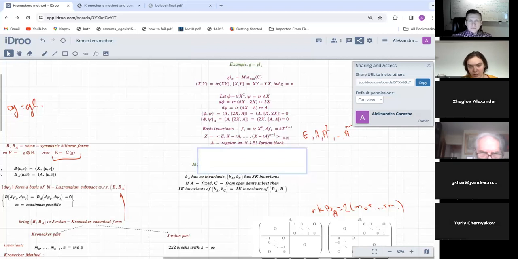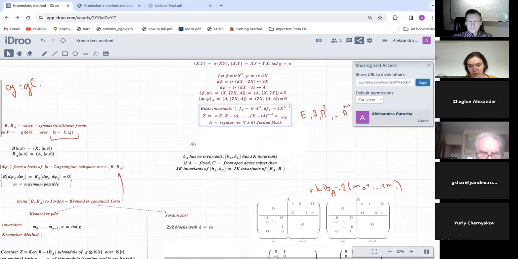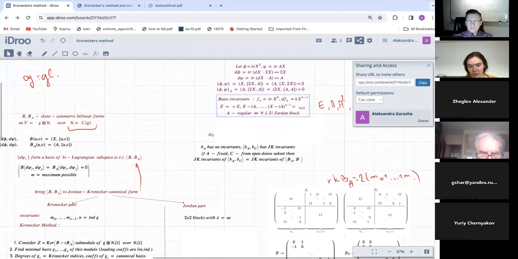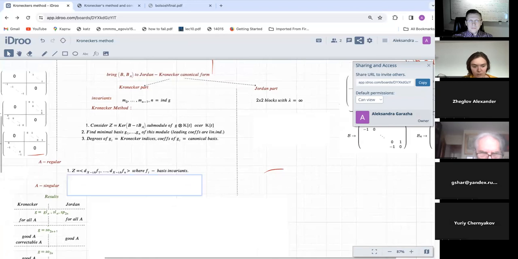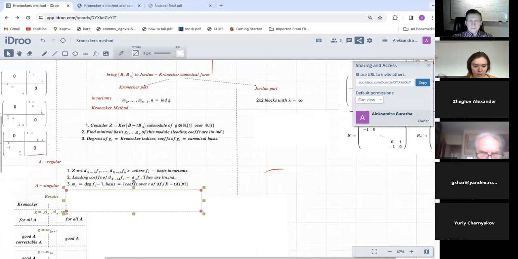If element A is regular, it could be reformulated that for every eigenvalue we have only one Jordan block. So here we could see that for regular elements, in the Kronecker method, we shouldn't make this second step because the initial basis is already good. So for any reductive Lie algebra, it works like that.